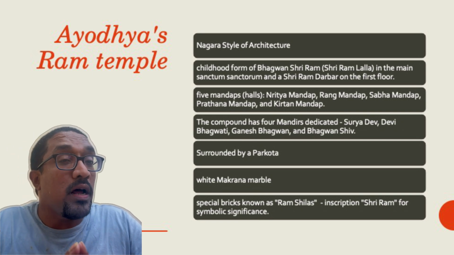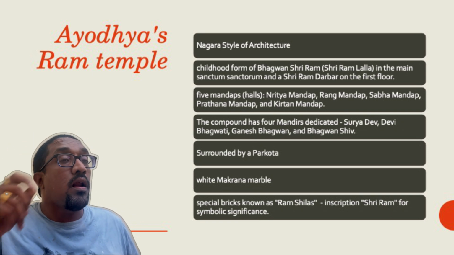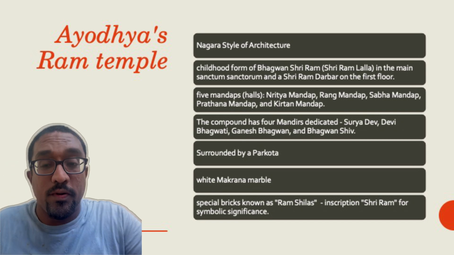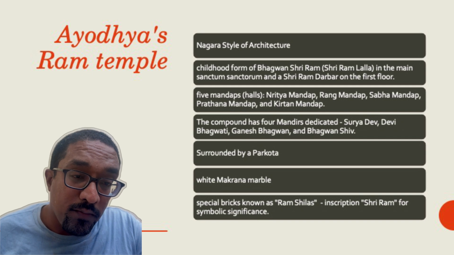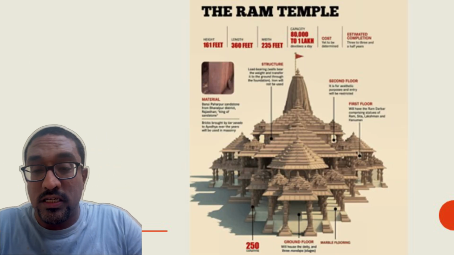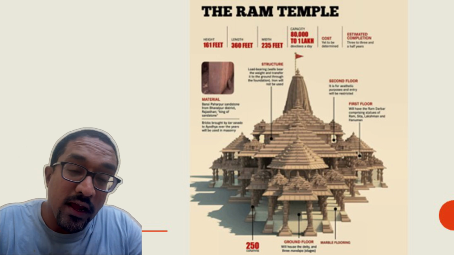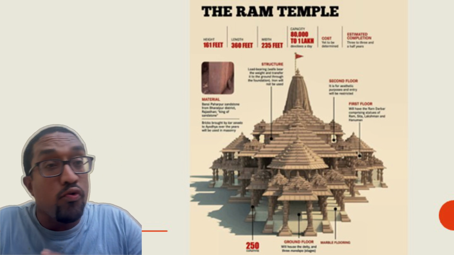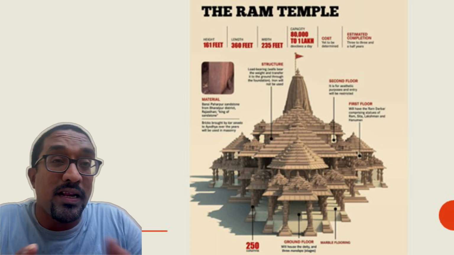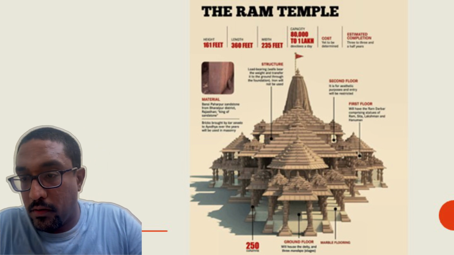Special bricks known as Ram Shilas, with Bhagwan Ram written on them, have been used in the construction of this temple. The temple is 161 feet in height, 360 feet in length, and 235 feet in width. The actual capacity of this Ram temple is around 80,000 to 1 lakh people.